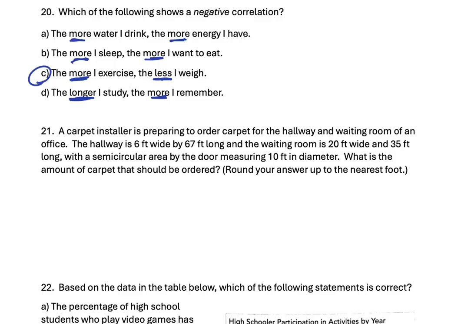Then in question 21, we have this carpet installer who's preparing to order carpet for a hallway and a waiting room of an office. Now, I tend to be a visual learner, so I like to draw pictures. First of all, the hallway is 6 foot wide and 67 feet long. So it's a skinny little rectangle, 6 by 67.